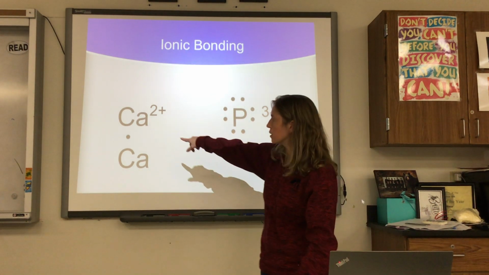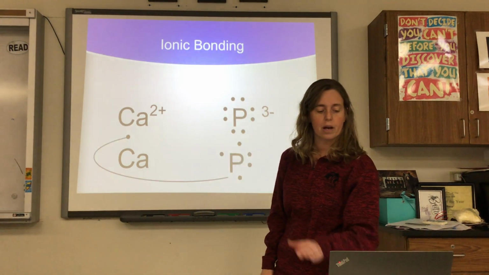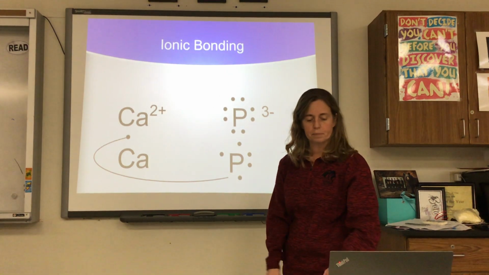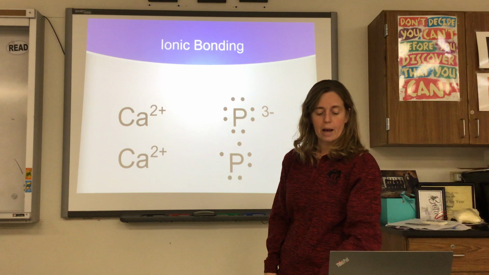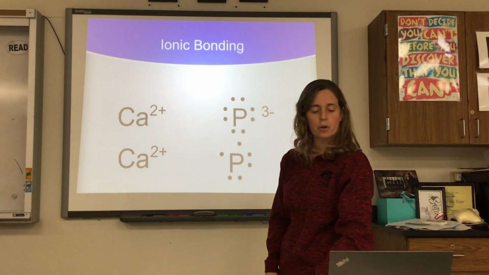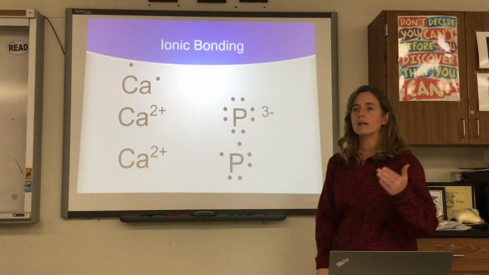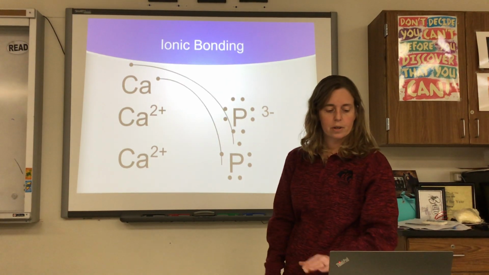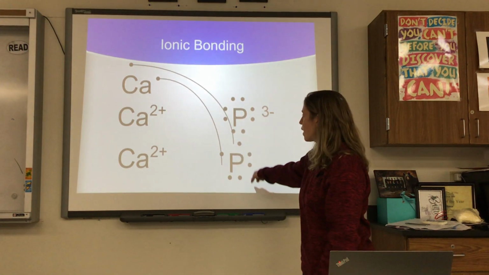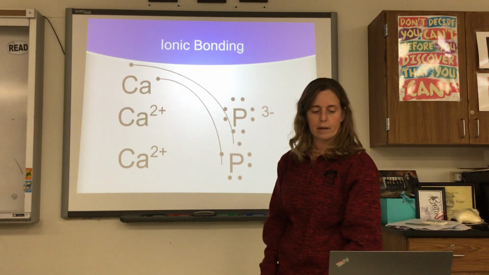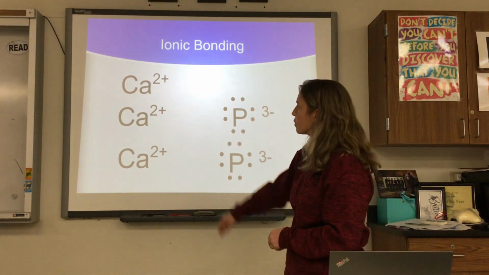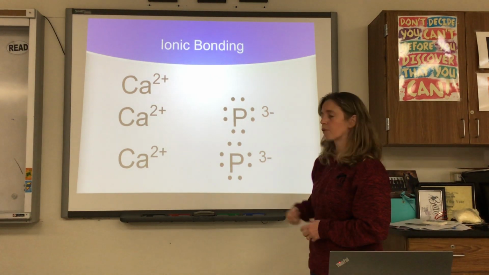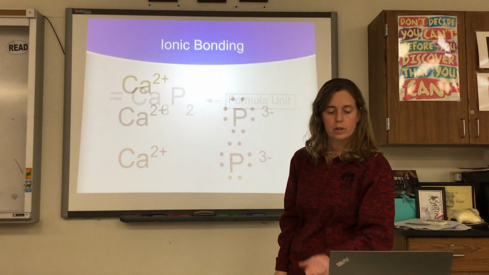However, now we've got this lingering electron over here on this other calcium. So now we're going to have to create another phosphorus. Now that calcium has a +2 charge, and then finally we're going to have to get another calcium in order to satisfy this phosphorus. Okay, and both of those are going to travel over here and land on that second phosphorus. So now we have 3 calcium atoms with a +2 charge and 2 phosphorus atoms with a -3 charge.